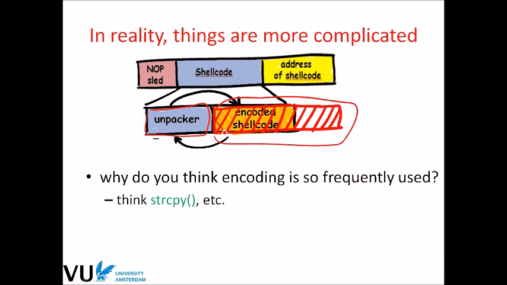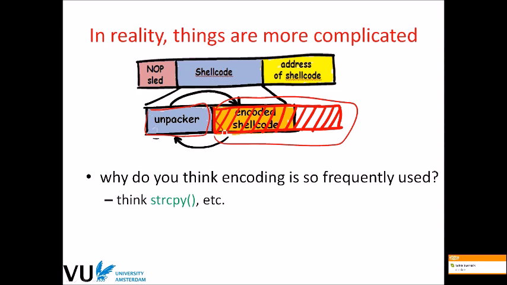So maybe you can pack it differently every single time. If you frequently change the packing, it's harder to have a signature that detects this attack vector.